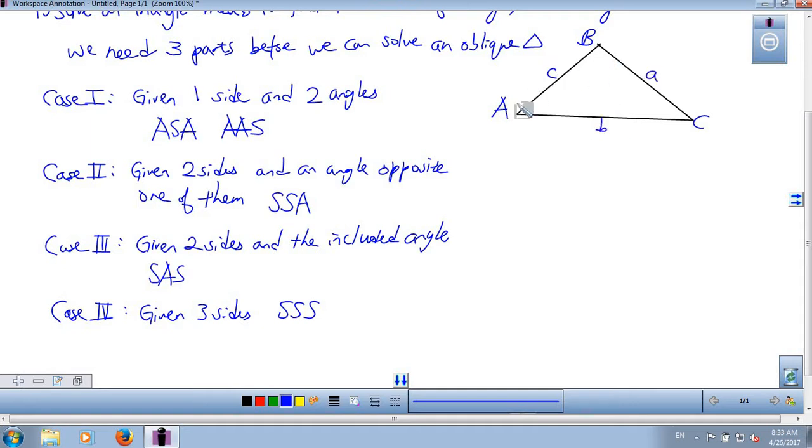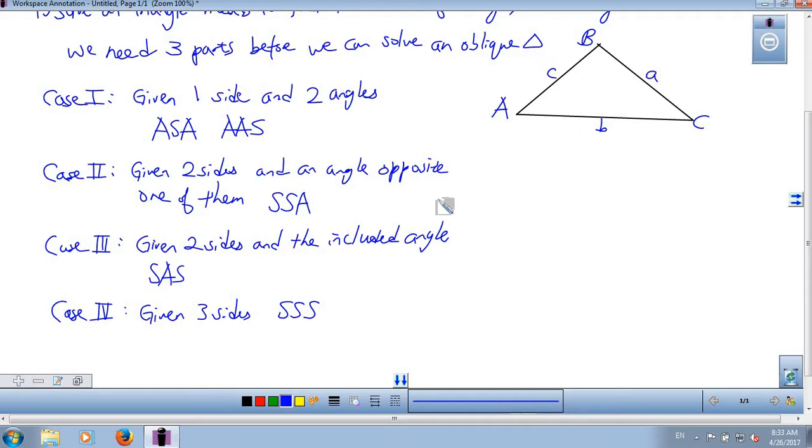Given the angles only without any of the sides does not tell us anything about the triangle. We can construct an infinite number of different triangles based on different combinations of side lengths using the same angles. So angle, angle, angle would not be valid information for us to solve oblique triangles.